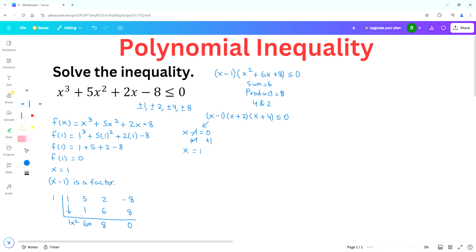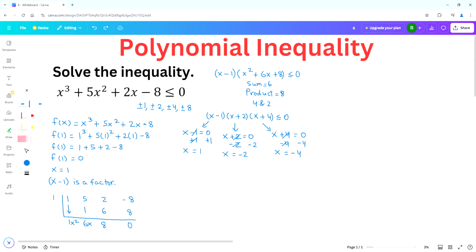I get x equals 1, I get x equals -2, I get x equals -4. So the x-intercepts are 1, -2 and -4.